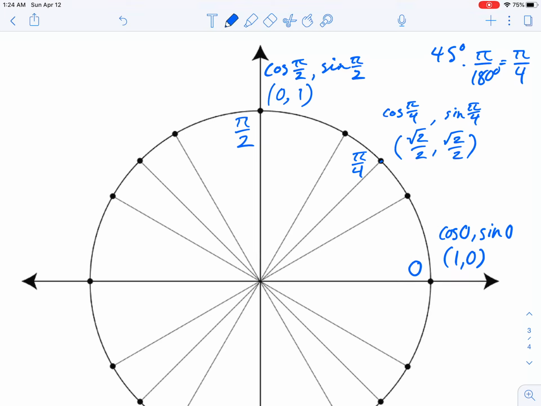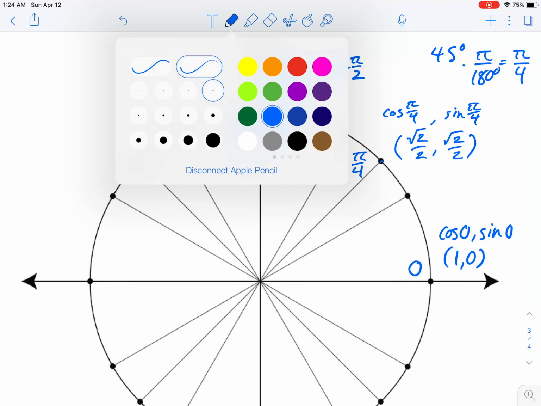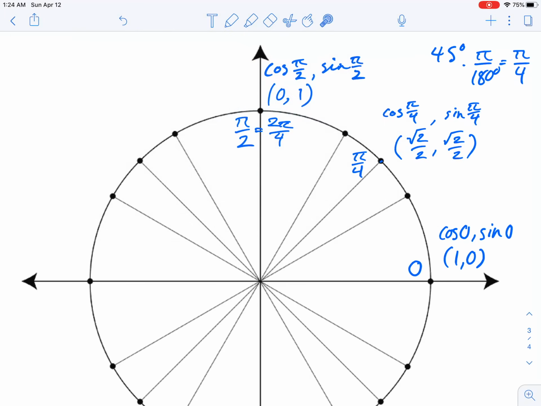Oh, 2 pi over 4 is just pi over 2. Hey, there you go. And if I travel yet another pi over 4, how many pi's over 4 have I traveled? Well, this was 1 pi over 4. This was 2 pi's over 4. This should be 3 pi over 4.